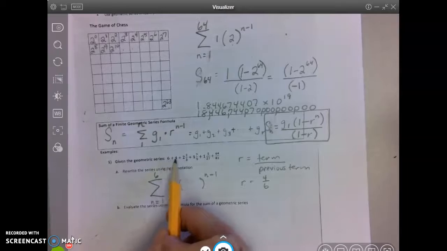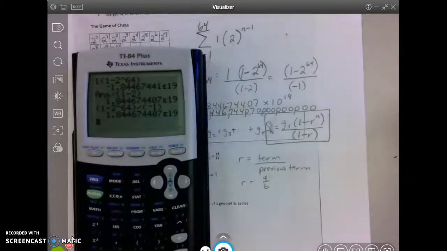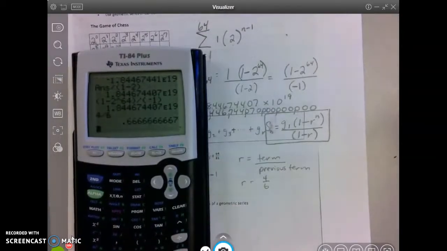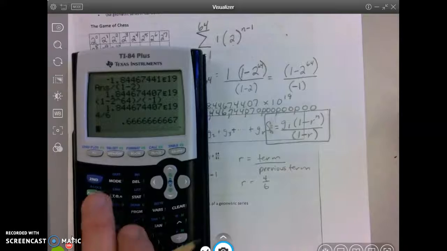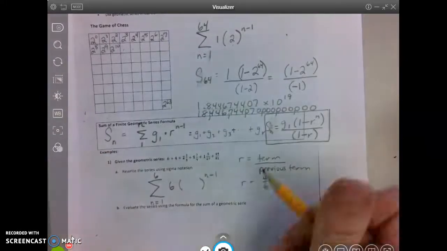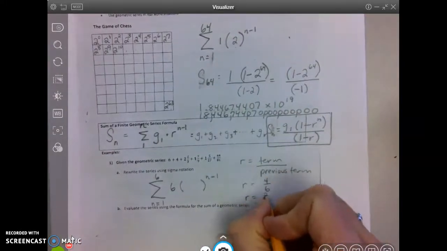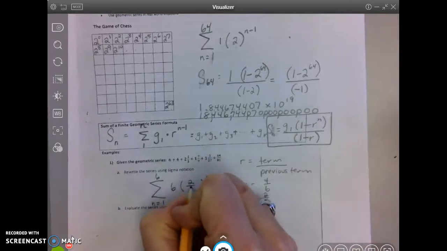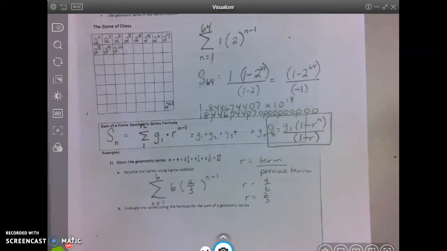I think this is the easiest one to put in my calculator. So 4 divided by 6. I'm going to convert that to a fraction, 2/3. So my constant ratio is 2/3. So that's what's going to go right there. That's converting this series to sigma notation.